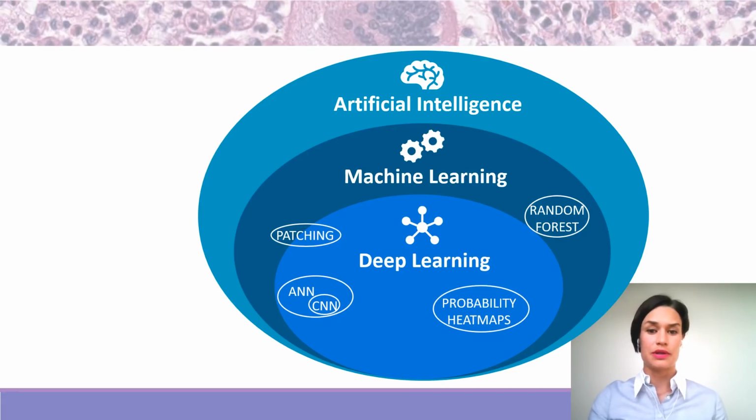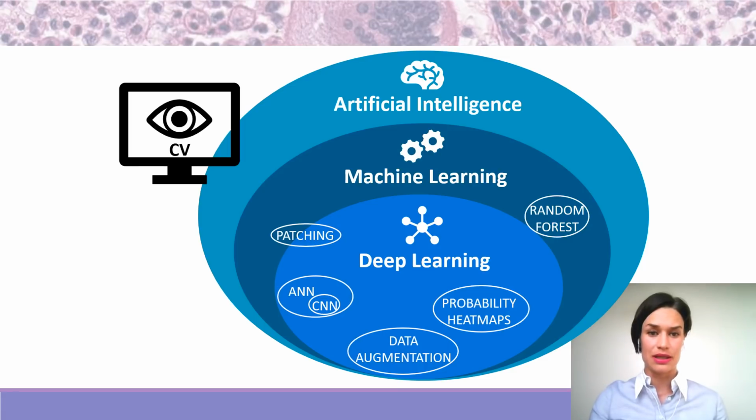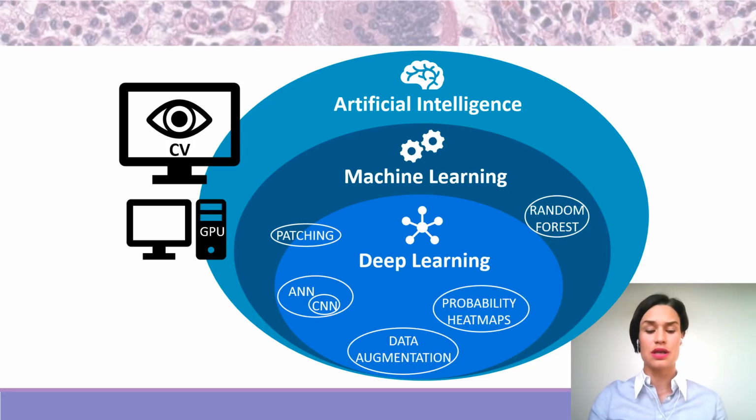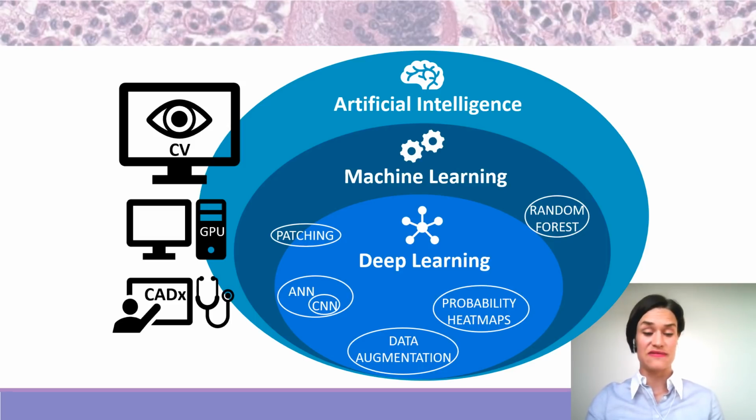We have probability heat maps and data augmentation. Computer vision is the discipline that uses all those models. GPUs, graphical processing units, enable us to process whole slide images fast, and in the end the algorithm can help us with making the diagnosis, and we have computer-aided diagnosis.